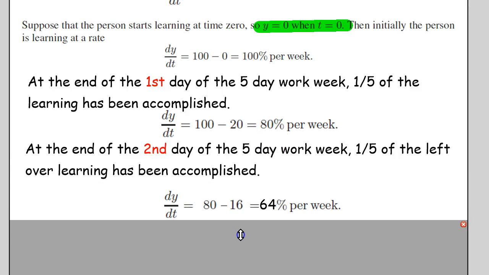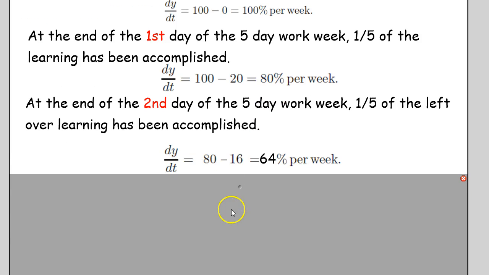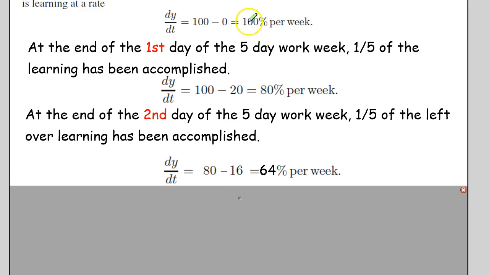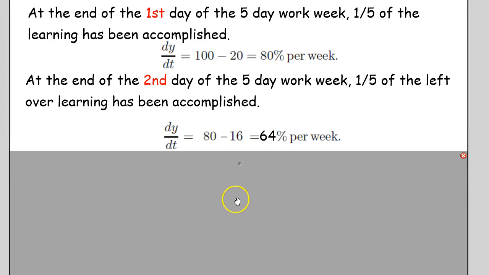That means at the end of the second day, the rate of learning is going to be 64%, because if you take 20% of the previous rate of 80%, we get 16, and 80 minus 16 leaves a rate of 64% per week. Again, the rate of change is decreasing. It went from 100 to 80 to 64.